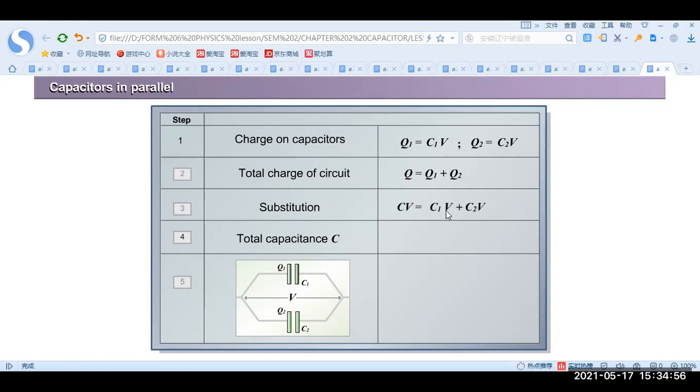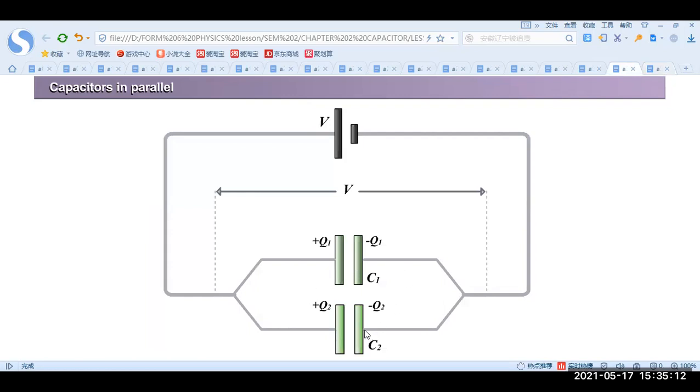And substitution, Q equal to CV, right? C total, V total equal to C1 V1 plus C2 V2. Because these two capacitors are arranged in parallel, the total voltage of the battery will be equal to the voltage of the first capacitor and the second capacitor.